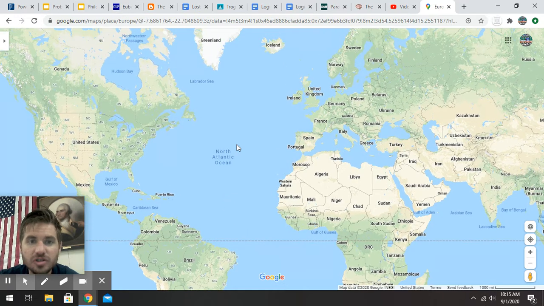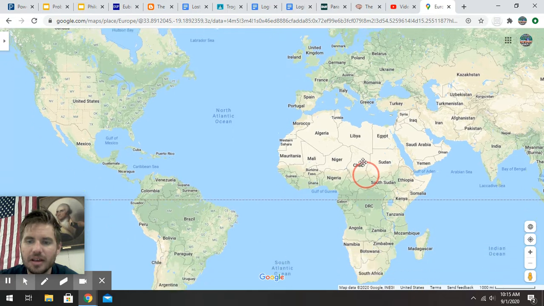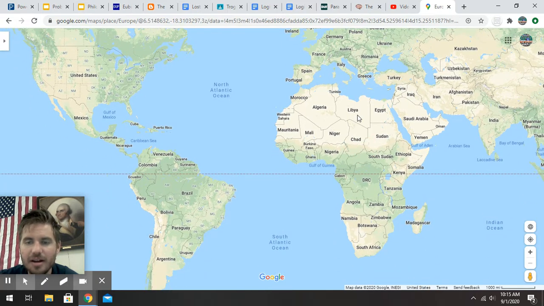The ocean that is between North and South America and Europe is the Atlantic Ocean. That makes these countries that you see right here Europe, okay? This is Europe. The large continent that we see right here, this is Africa.